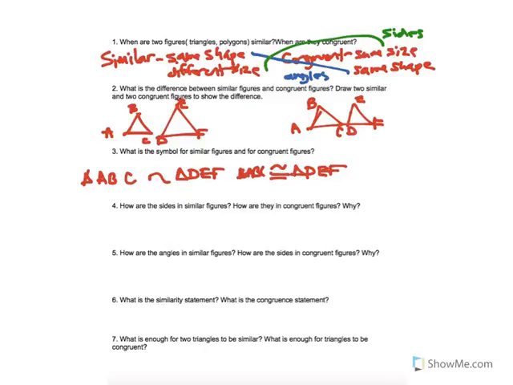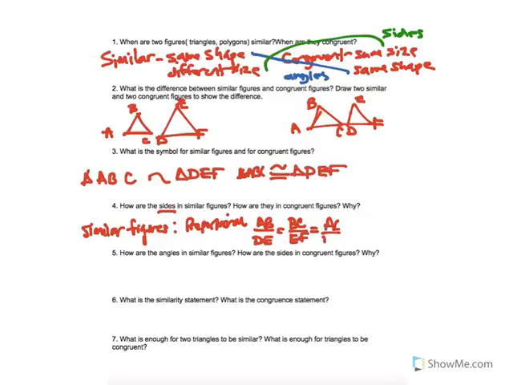Okay? How are the sides in similar figures? How are they in congruent figures? In similar figures, the sides are proportional, right? So in similar figures, the ratio or proportion of side AB to DE is equal to the ratio of BC to EF, which is equal to the ratio of AC to DF.